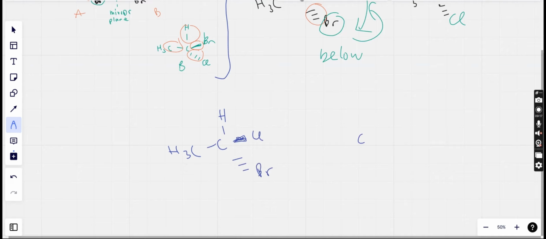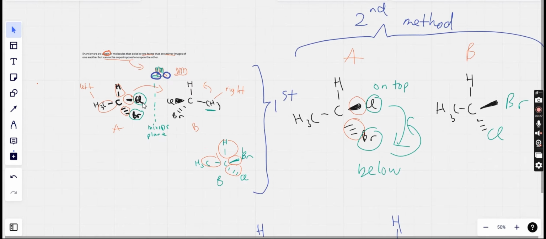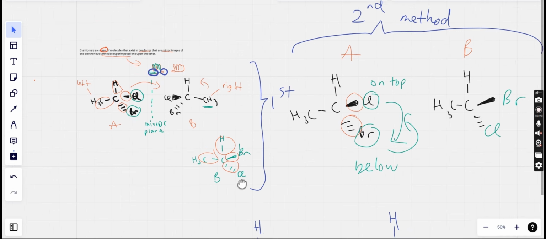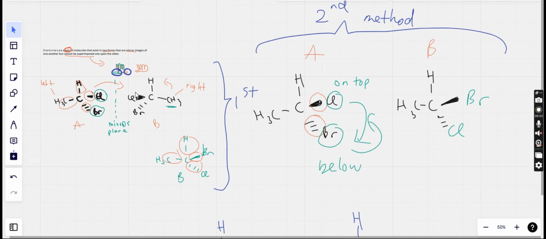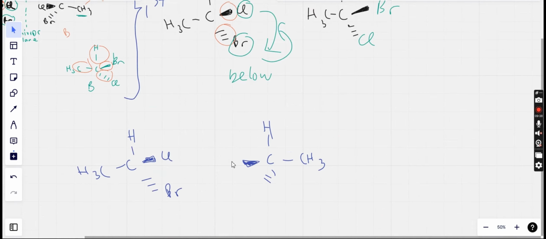Then they flip over. You see in the first method, the chlorine gets flipped, the bromine gets flipped. But after it's flipped over, some people will flip chlorine, bromine again, like in this method. So they flip it around like that.